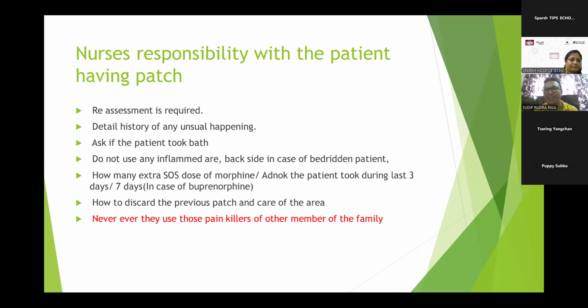Then he realized that, okay, if this half tablet can completely reduce my pain, it can also reduce your pain. He gave this half tablet to his wife, and till the next day, she didn't wake up. So this is the history, and it is because of poor management of the medication.